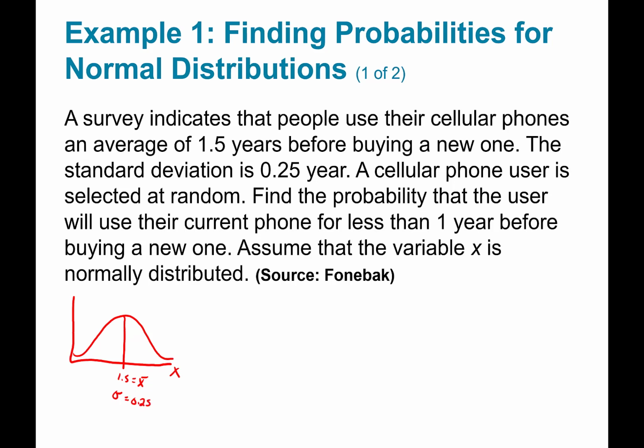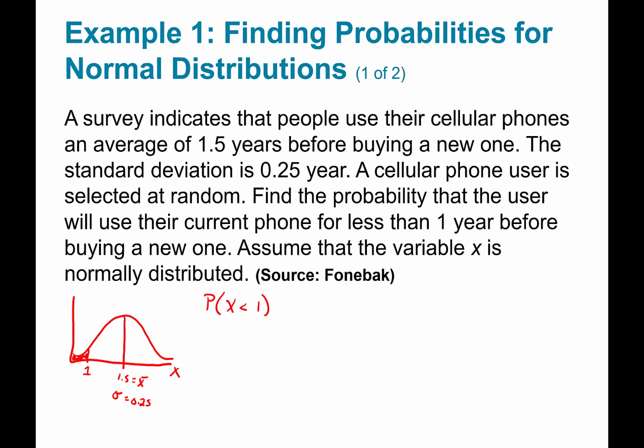In this case, I'm trying to find the probability that the user will use their phone less than 1 year, so the probability that my random variable x is less than 1. So I need to put 1 on here. Just using what I know, 1's probably going to be somewhere about here. Then I want to sketch in the area to the left, since that's what I'm trying to find. So that's the area I'm trying to find, everything to the left of 1.